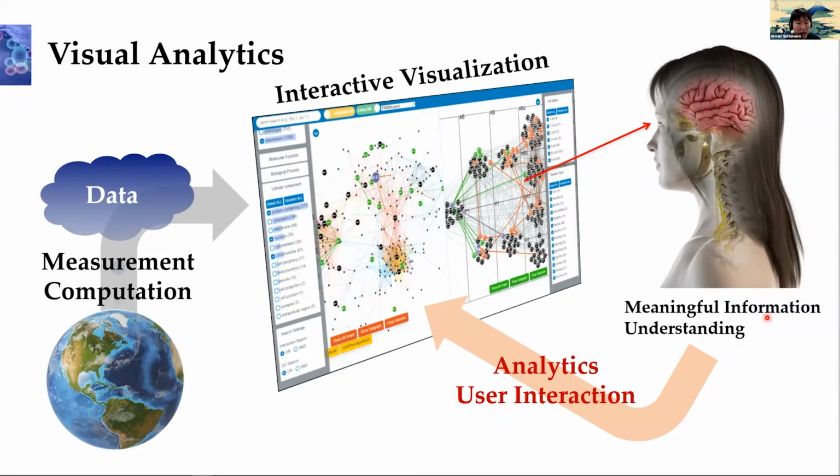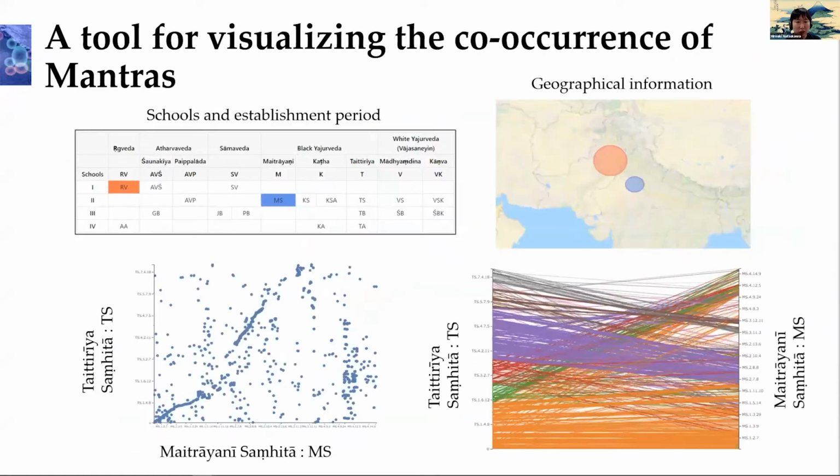So this is a visual analytics approach, and we are taking this approach for the analysis of ancient Indian literature. We are developing a tool for visualizing the co-occurrence of mantras.